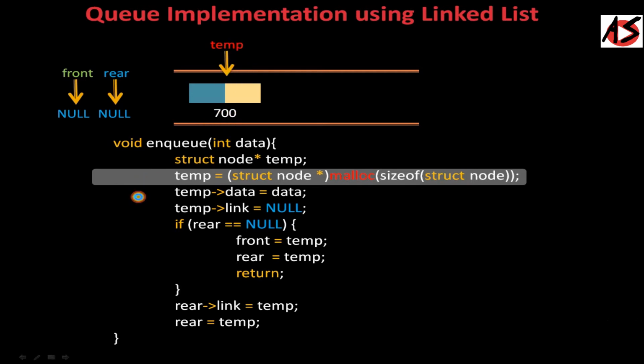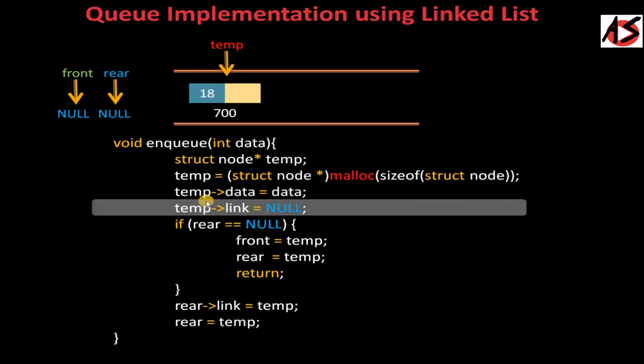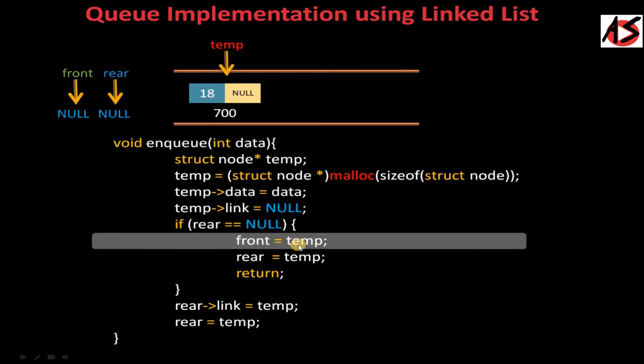From the next instruction, temp data is equal to data, so you set the data part, and from the next line temp link is equal to null, so you set the link part as null. Then you check the condition rear is equal to null. Here rear is pointing to null, so the condition is true. So you set front is equal to temp.